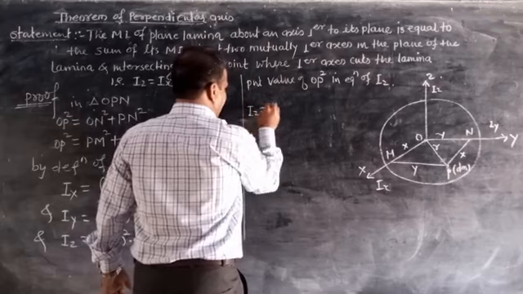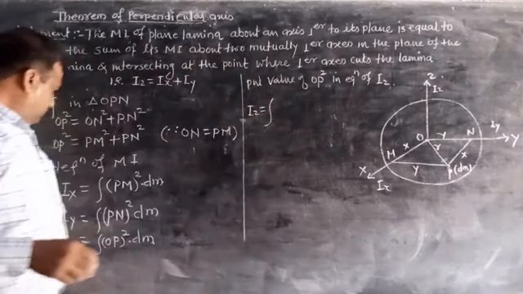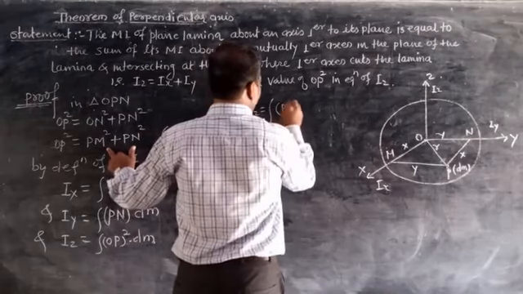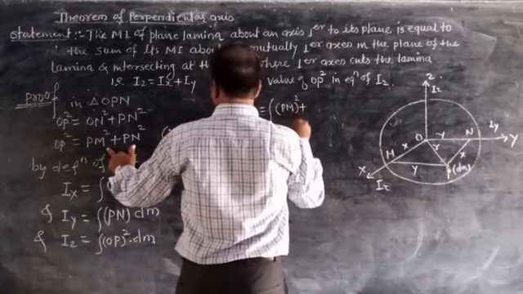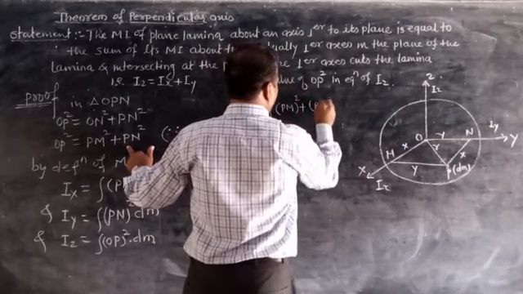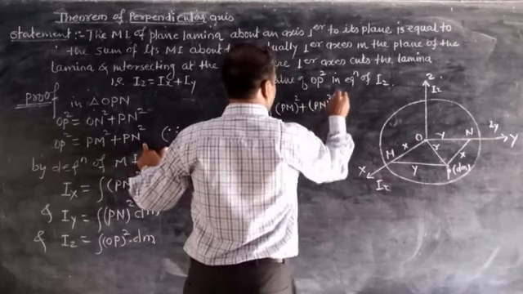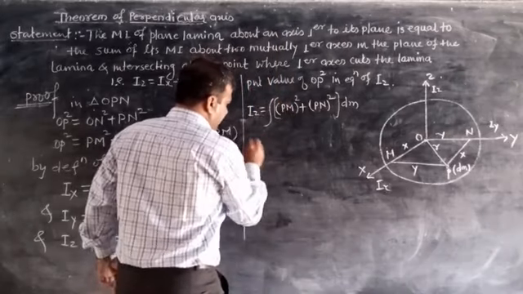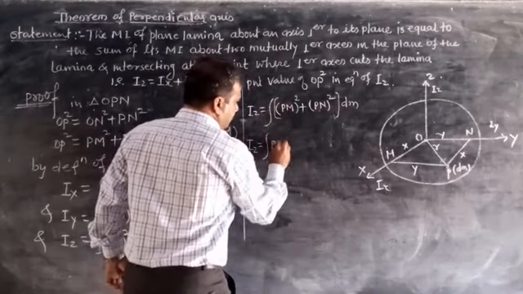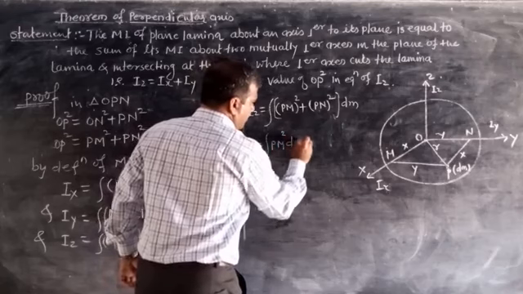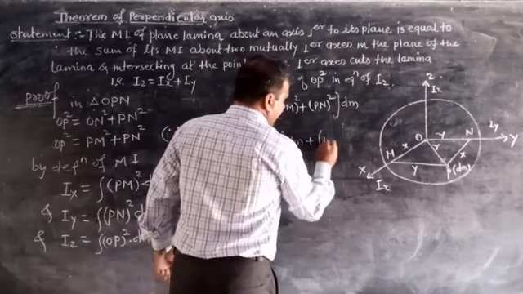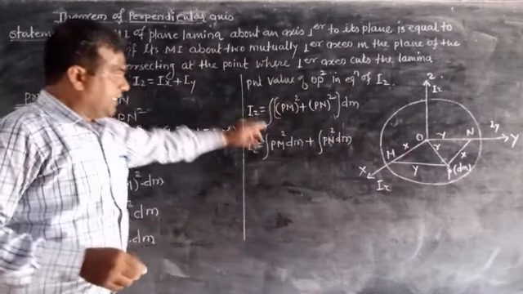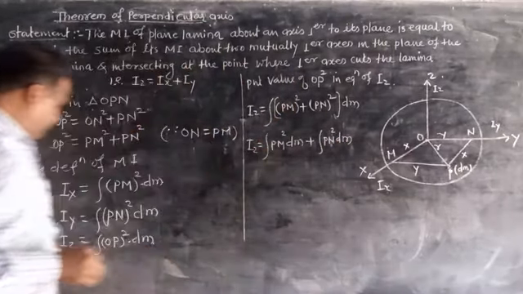Therefore Iz is equal to integrating PM square plus PN square, dm. Taking separately, integrating PM square dm plus integrating PN square dm.